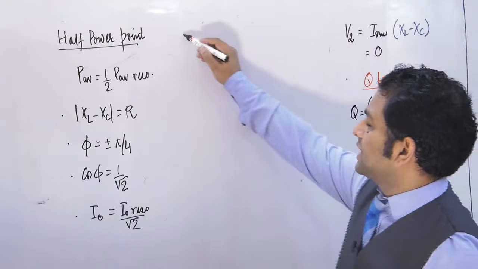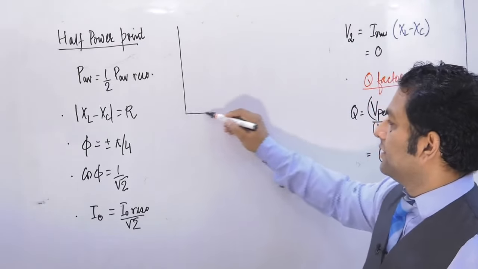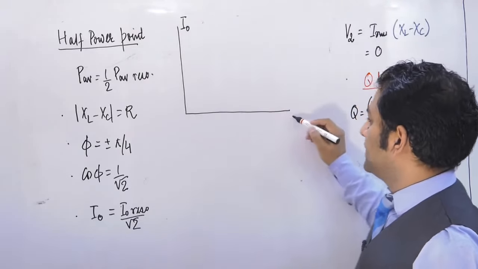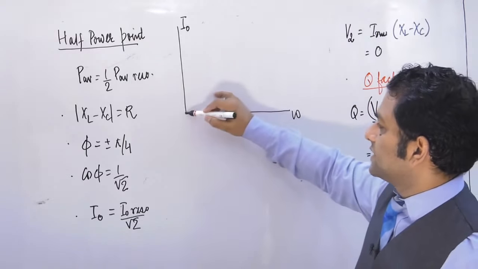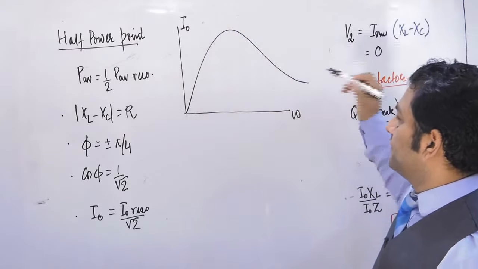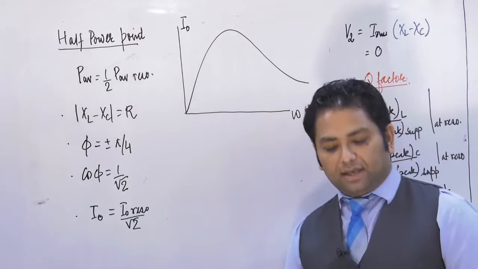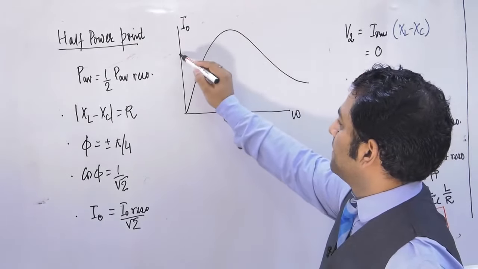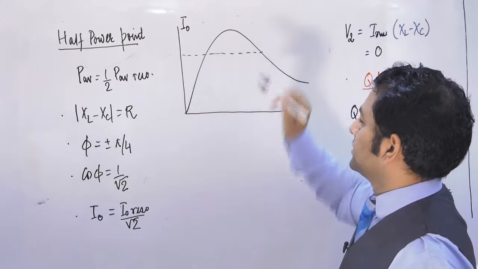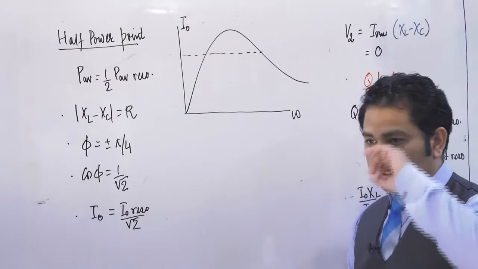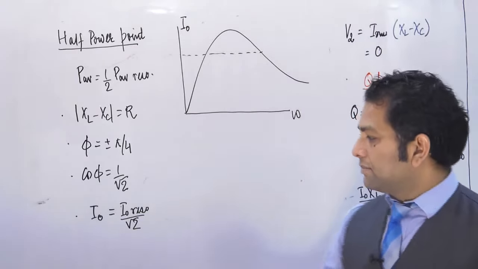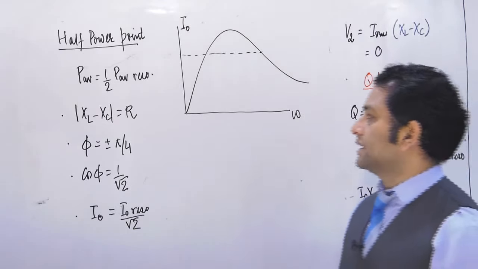So now let's see how the half power point can be visualized in terms of the peak current versus frequency graph. The typical graph was this, and essentially the half power point lies there. So this is the half power point where the peak current is 1 by root 2 times the current at resonance.